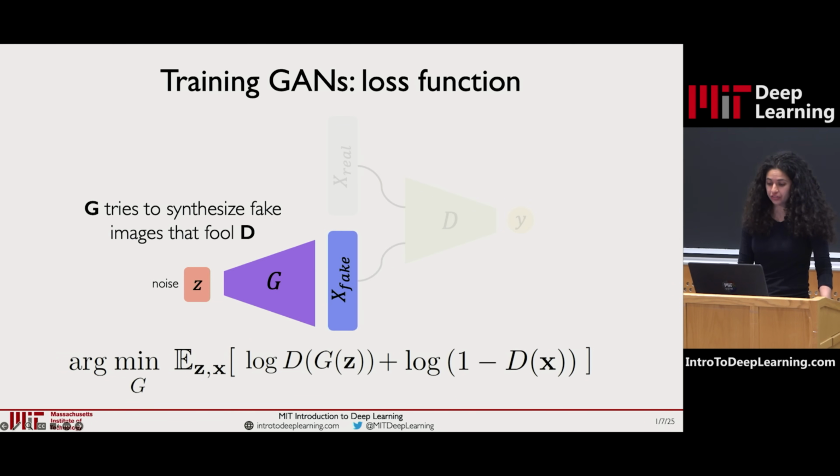The generator, on the other hand, is trying to minimize the probability that its generated data is identified as fake. So it's that same objective, but all it's doing is the converse.